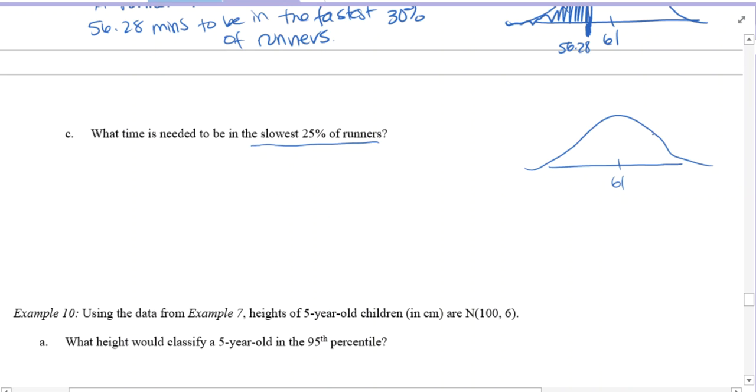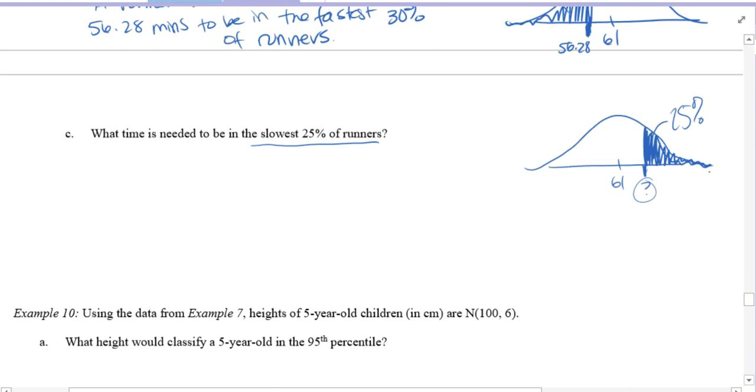So the slow runners are the ones that have the longest times. And so those are going to be up here, where whatever this amount shaded in, turns out to be 25%.